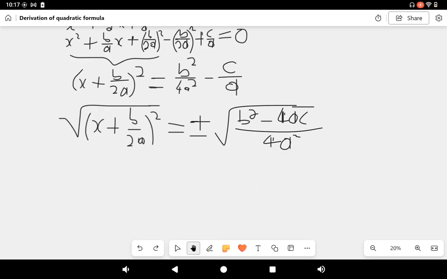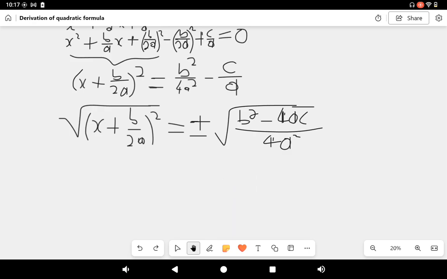So I'm not going to change anything on b squared. But when it comes to the second term, the denominator is just a. For a to get to 4a squared, we have to multiply a by 4a. So what you do on your denominator, you also do on the numerator. So for that c, you also have to multiply it by 4a, which is why we now have 4ac.